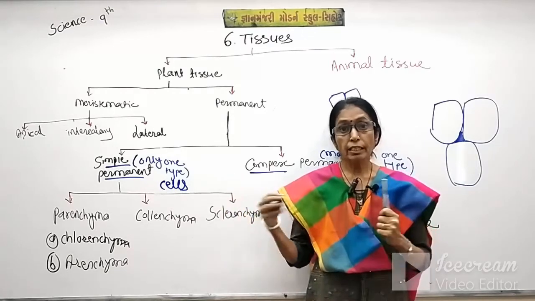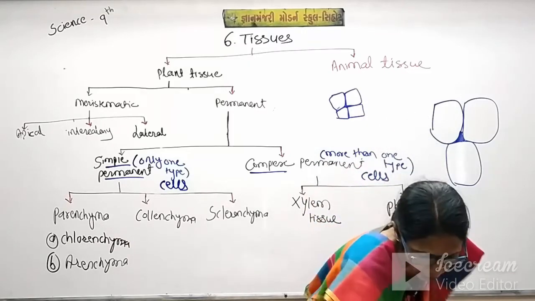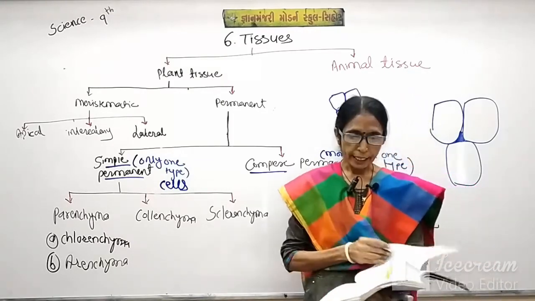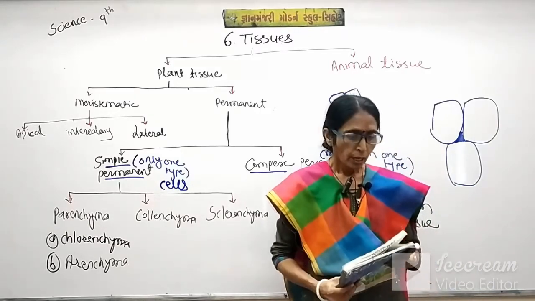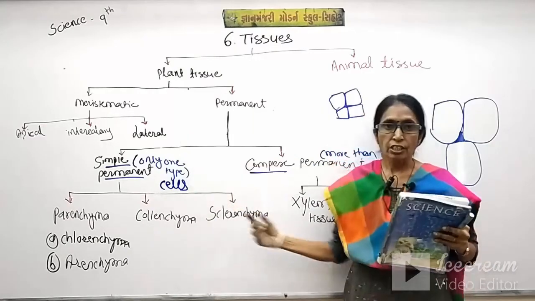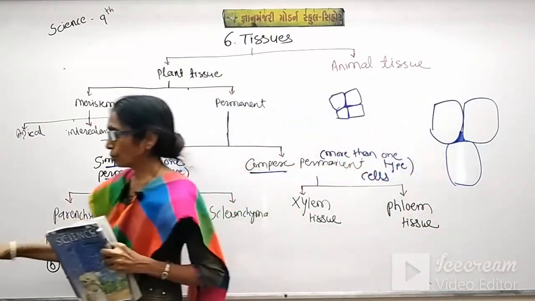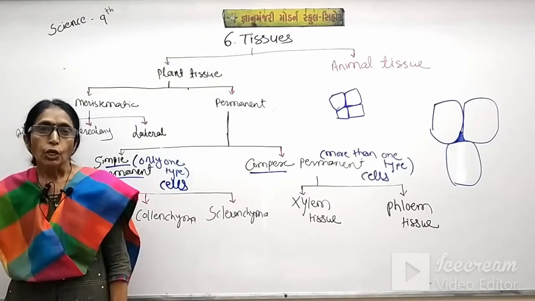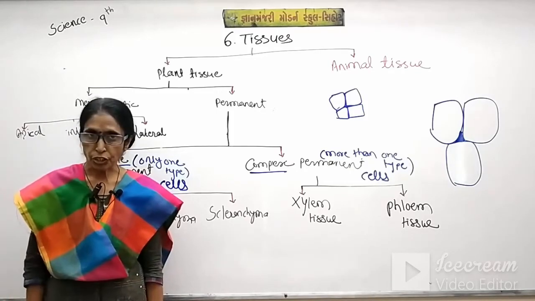I am just explaining very simple points, because the points given in your textbook you will find very complicated. So we have this chart here. Because of that, it will be easy for you to understand the types of plant tissue, also their structure and their functions.